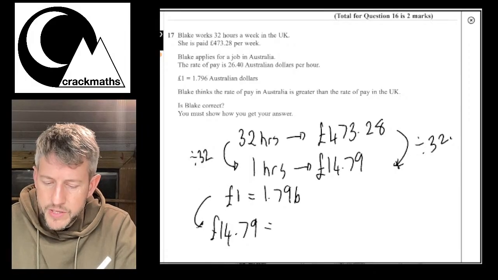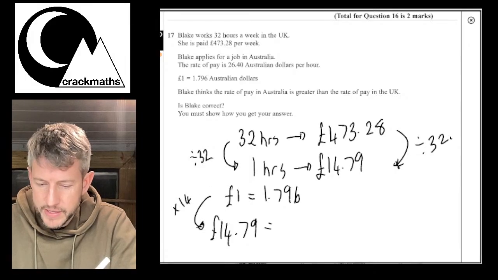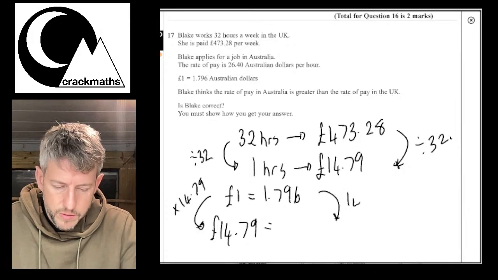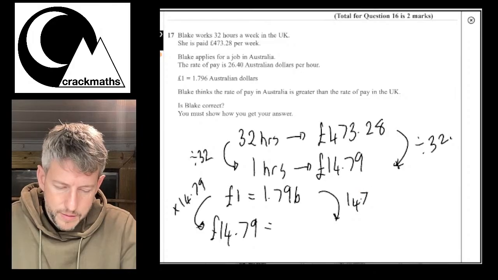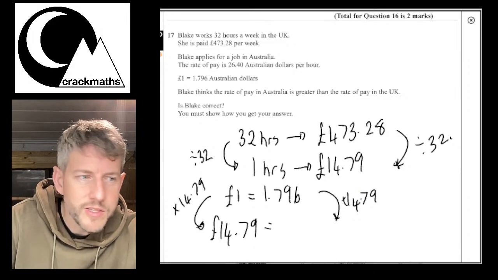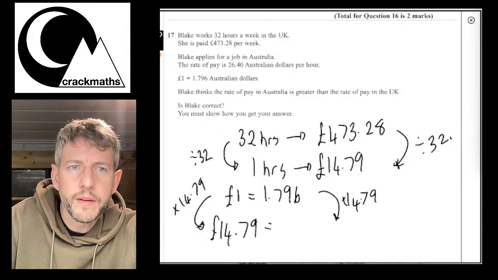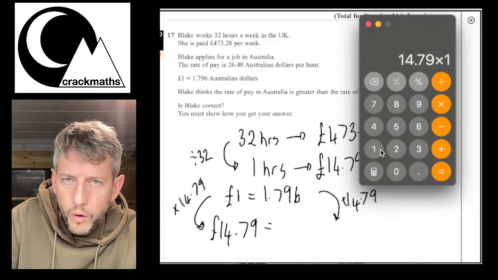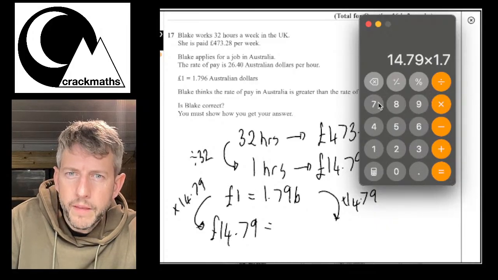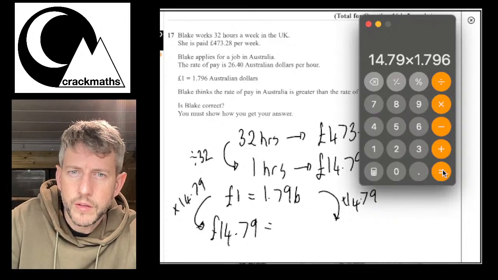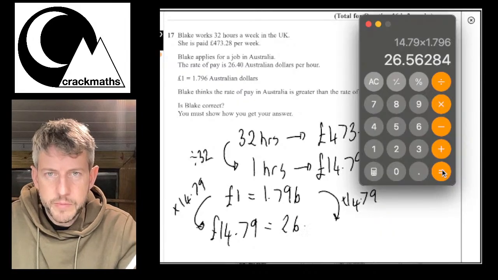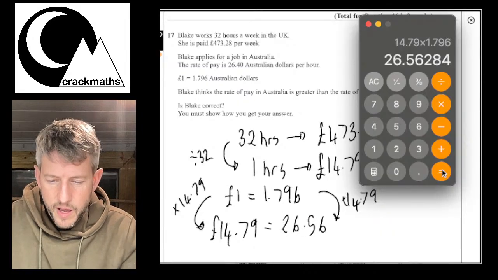In theory, we're doing 14.79 lots of this. So let's just times this by 1.796. Okay, here we go, and so that is 26.56 Australian dollars.